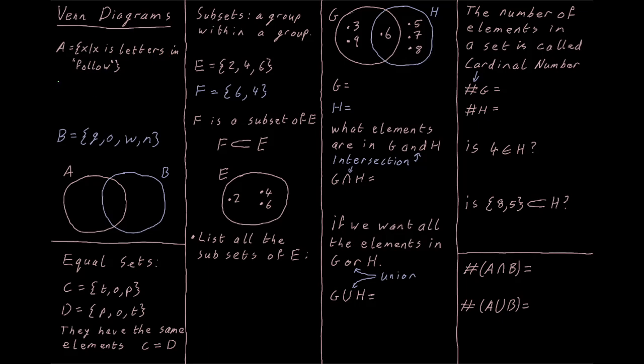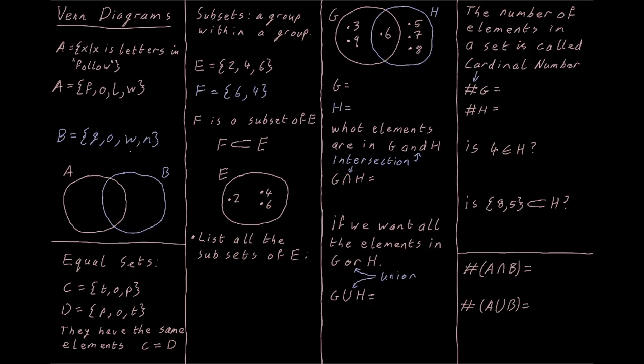So I'm going to write down A is equal to, open up a curly bracket, and I'm going to have f, comma, o, comma, l, and then I don't repeat any letters, so I don't have another l, and I don't have another o, and I have w. Those would be the elements of the set A using lowercase letters, commas in between, curly brackets around them, and I'm not repeating any letters.